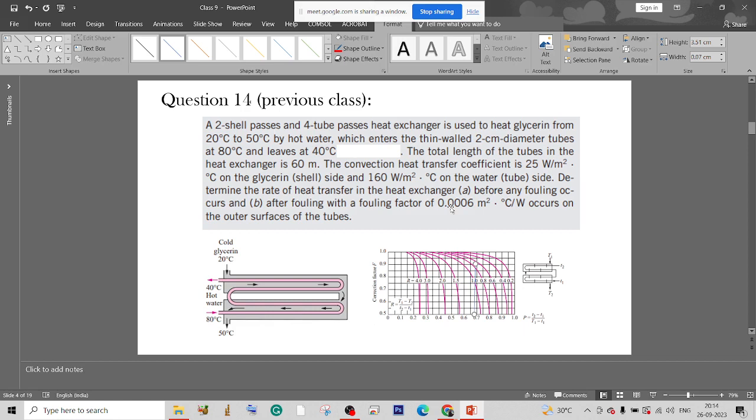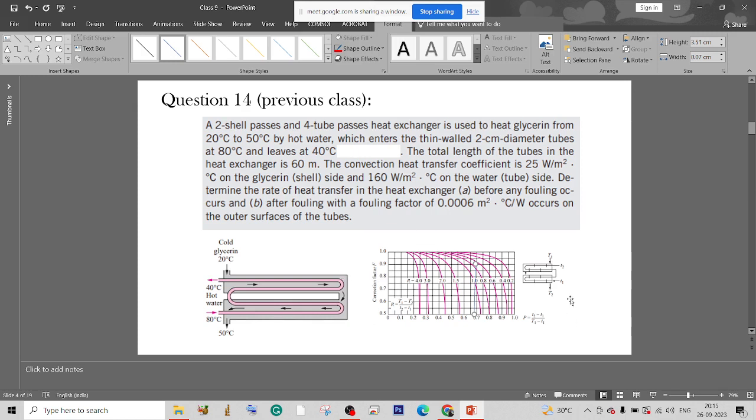This will come out to be 21.3. Again Q will be 21.3 into 3.77 into 0.91 into 24.7. This will come out to be 1805 watt.